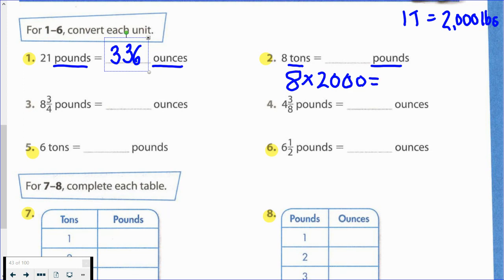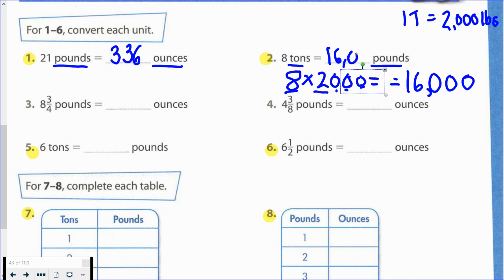No, I didn't, because it's the zeros trick. Okay, so we multiply the numbers that are not 0. That's 8 times 2, which gives us 16. We count how many zeros are in this situation. There's 3. We add our comma, and look at that! With the zeros trick, you just multiplied a ridiculously large number times this one-digit number. So 8 tons has 16,000 pounds.